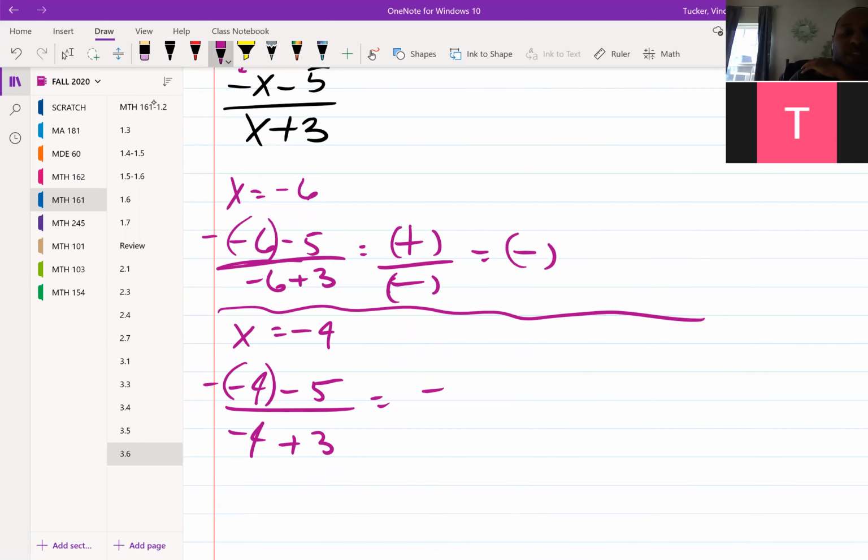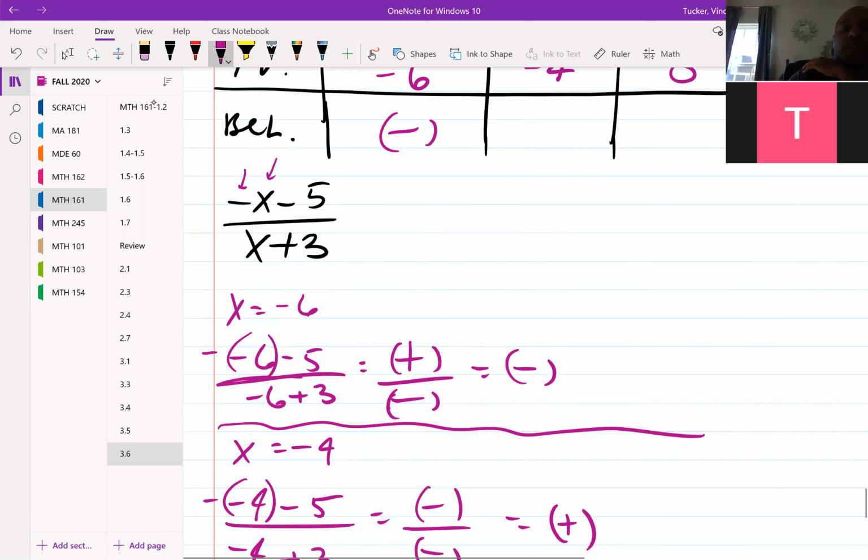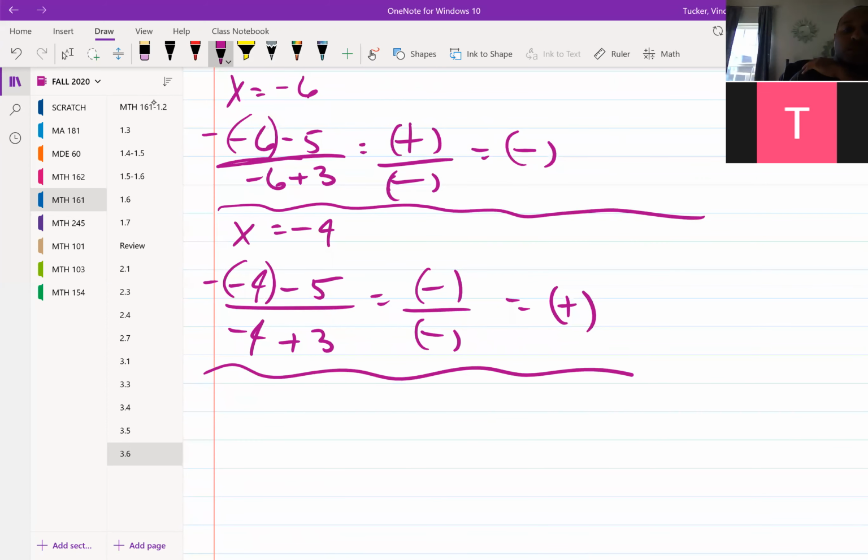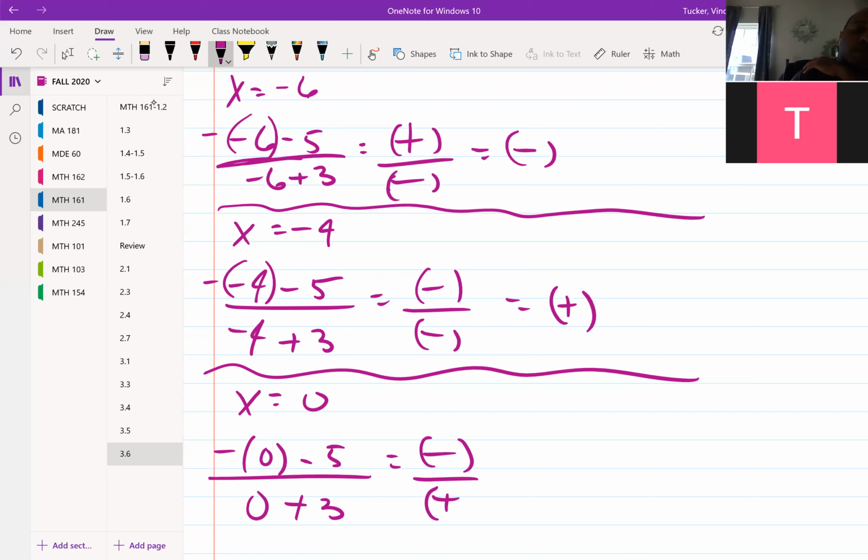And then here, that's -4, so it's going to be a +4. So I get a negative on top, then negative on bottom. That'll be a positive, negative to a negative. Then plugging in 0, that'll be a negative over a positive, which is negative.